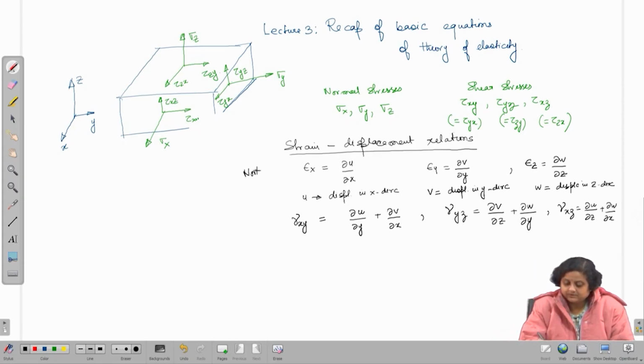So, these are the normal strains and these are the shear strains.